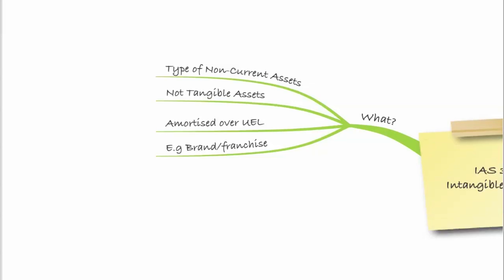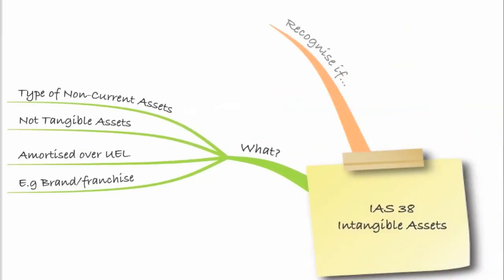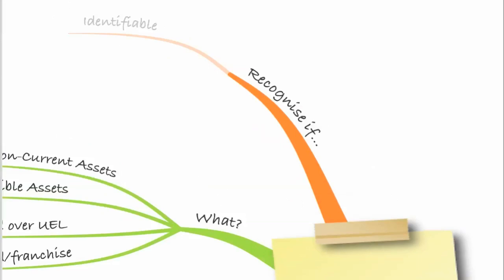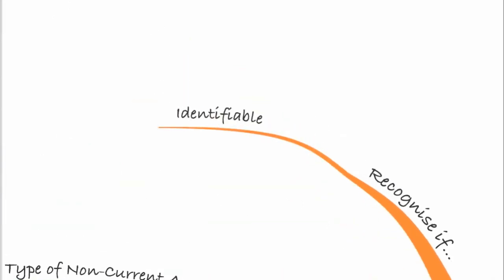Now that we understand what an intangible asset is, the first thing I want to talk about is when to recognize an intangible asset. When can we bring it into the financial statements? What criteria does it need to meet? Well, the first thing it needs to be is identifiable.